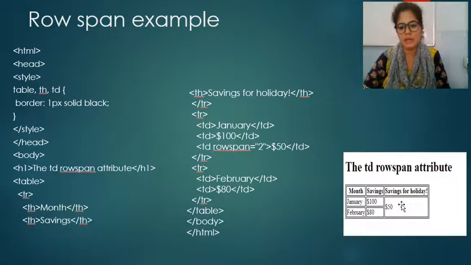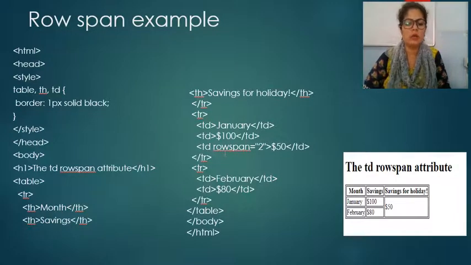Now in the third cell we want to span this cell. We want to span 2 rows. If we want to span 2 rows, what we have to do is use rowspan. Earlier I told you that rowspan or colspan is an attribute of the TD tag.